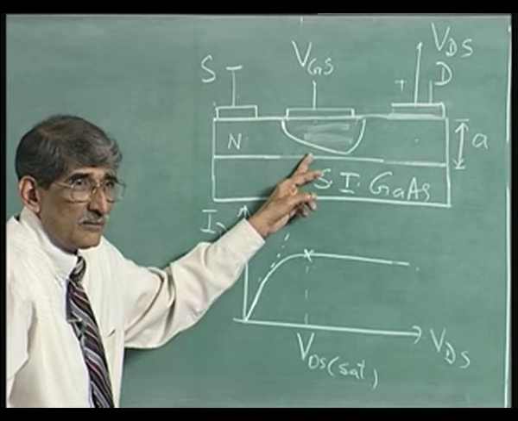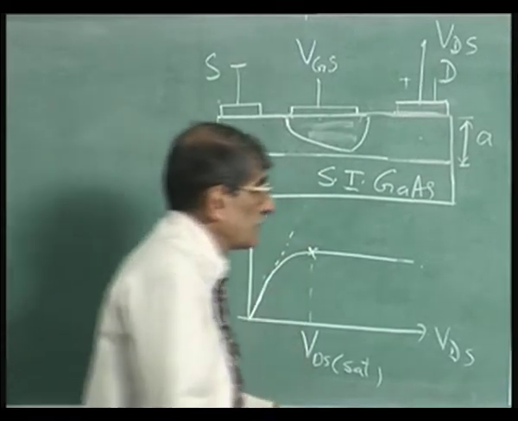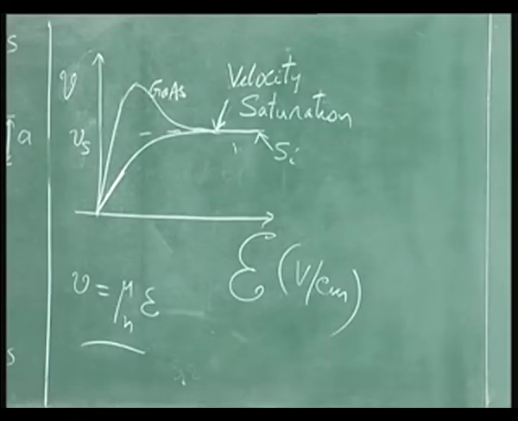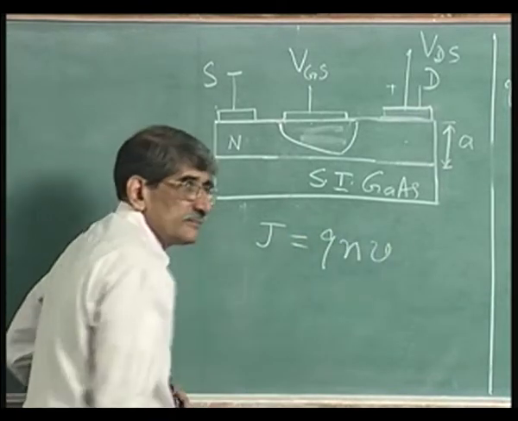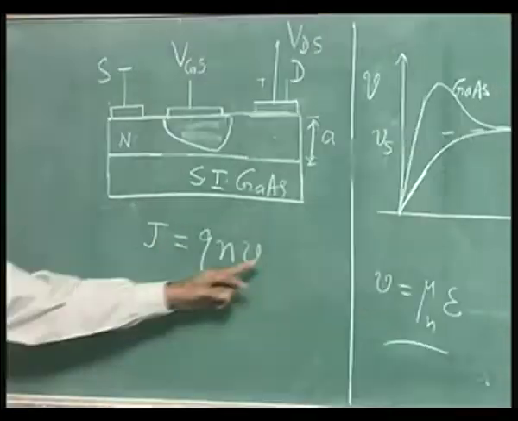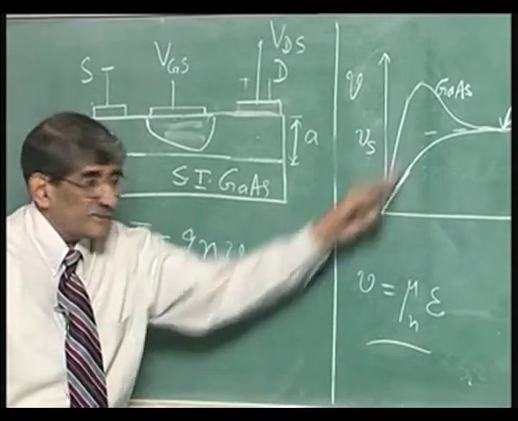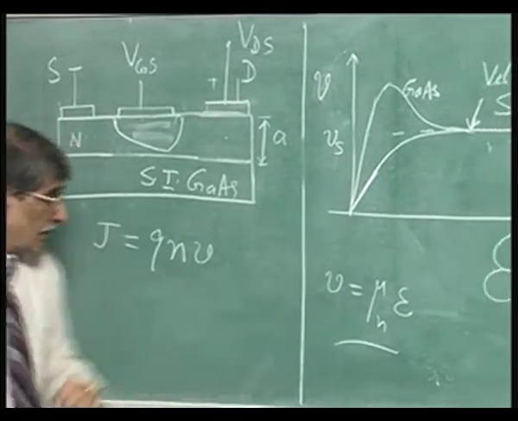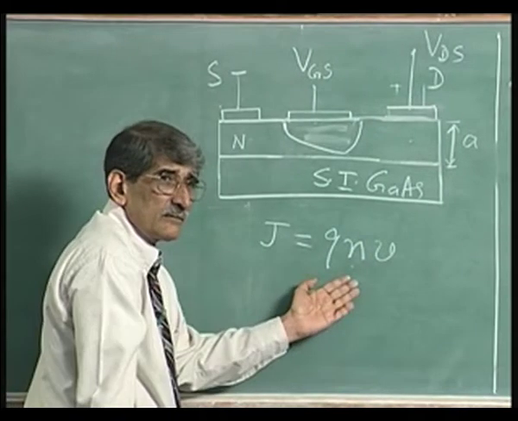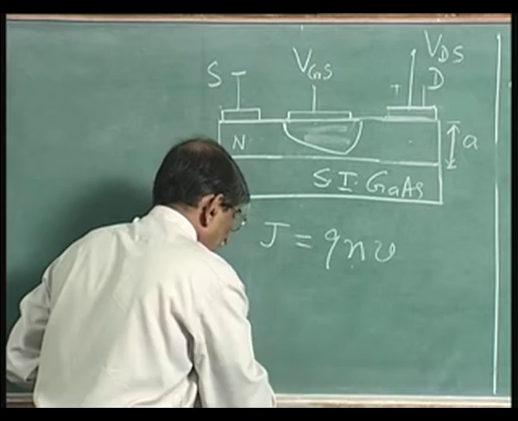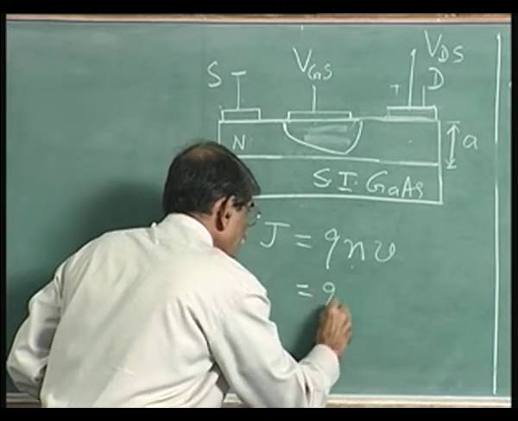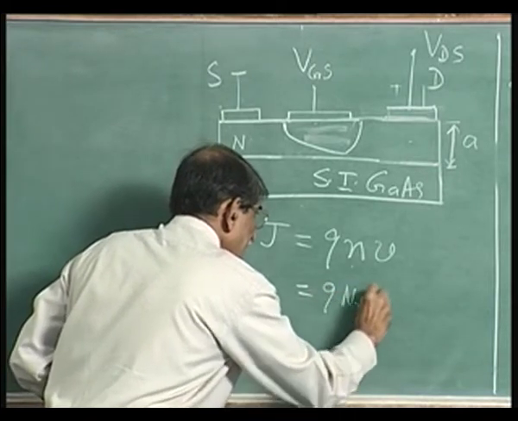So, if you recall, I will remove this now. J is q n into v. This is the velocity that we are talking of. We substituted that. Now, n of course will be equal to, all things are ionized, q into N d, the doping concentration, into velocity.